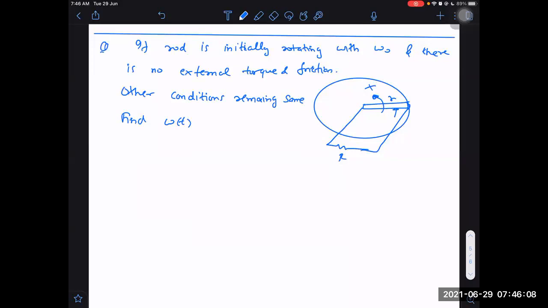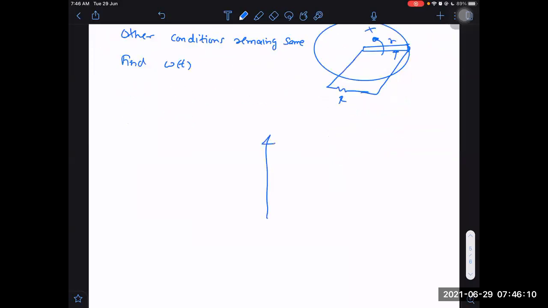How to find, and how will it be? What is your expectation?